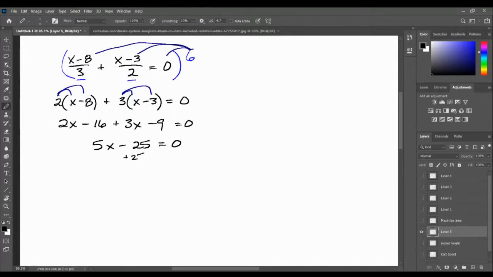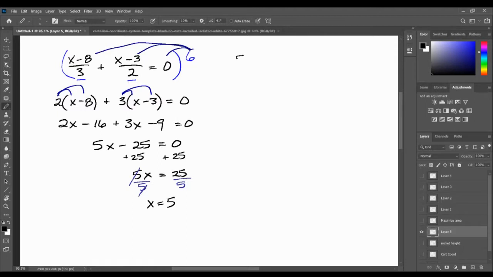Add 25 to both sides. I've got 5x equals 25. Divide by 5. And I end up with x equals 5. Now this is a section, 3.4, where you definitely want to check your answers, especially if there's a variable in the denominator.